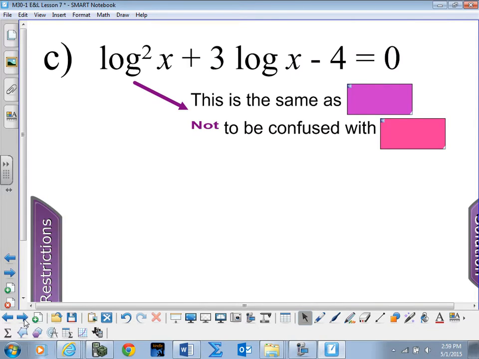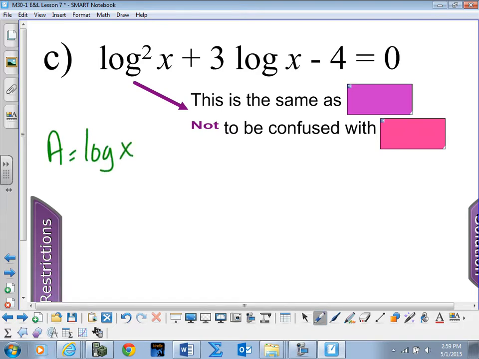So log squared x plus 3 log x minus 4. Look at that problem. That looks like a trinomial that we can factor with a replacement variable.